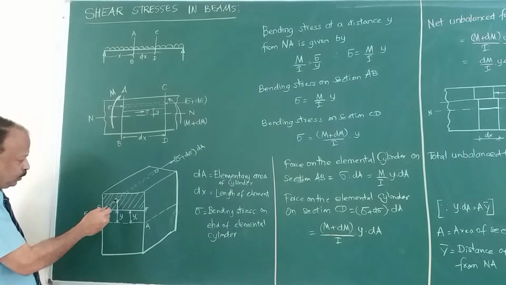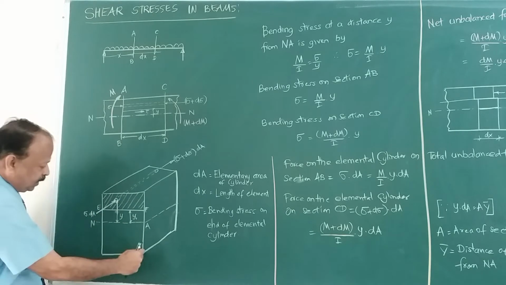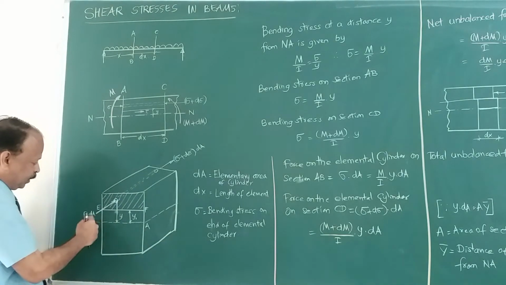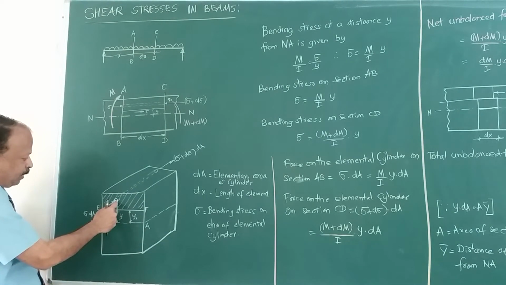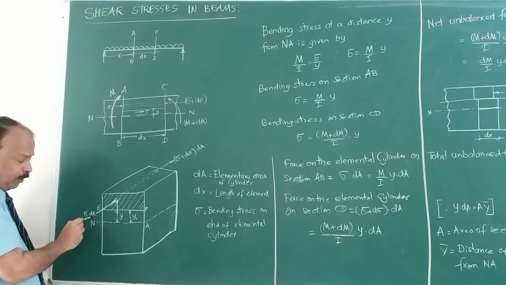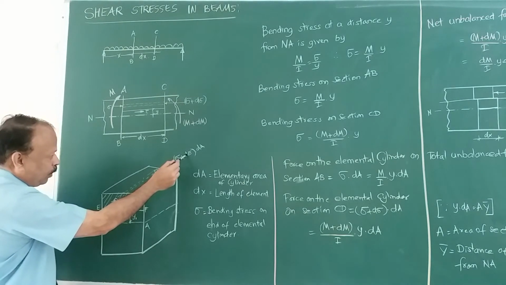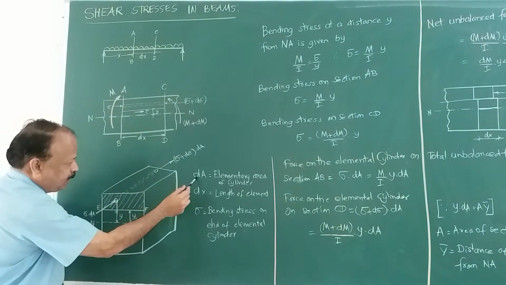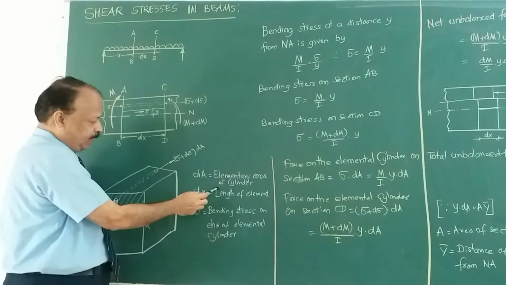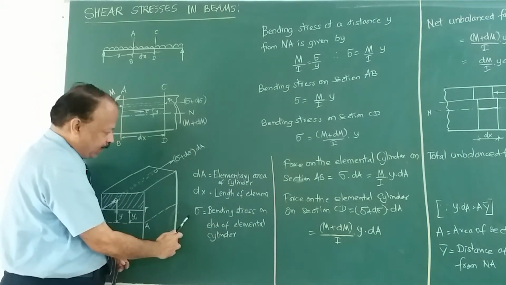I have considered a small elemental area dA along the section. This distance is dx. At this point the force on this elemental cylinder will be bending stress multiplied by cross section area. Here also, bending stress multiplied by cross section area. dA is the elemental area of the cylinder, and dx is the length of the element.